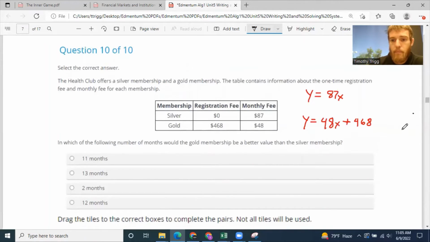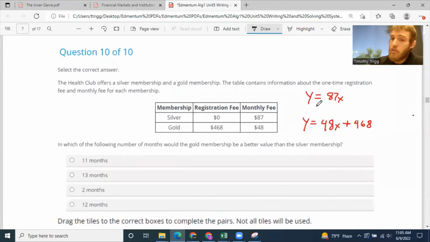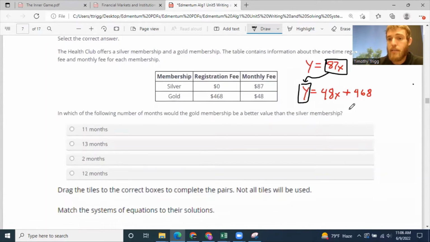Okay. So now that we have our system of equations, notice that this first equation already says y equals 87x. So I could replace the y right here with what y equals, substituting that into this. So let's go ahead and rewrite this second equation, giving us 87x equals 48x plus 468.